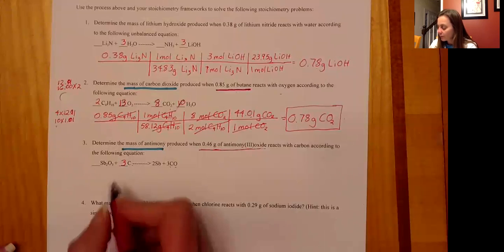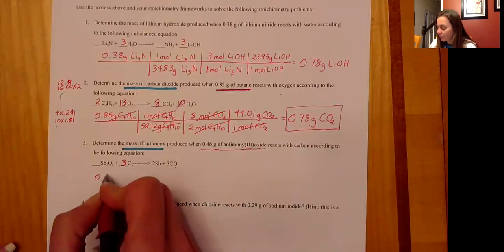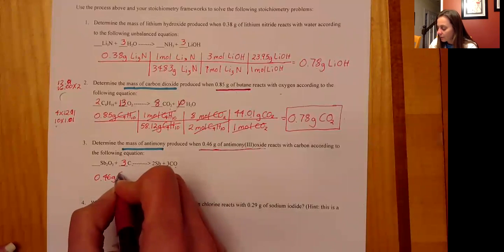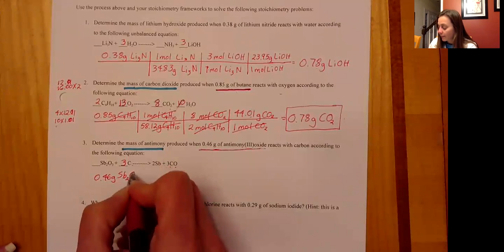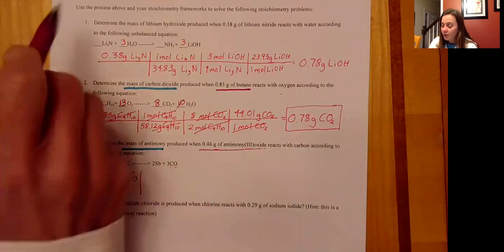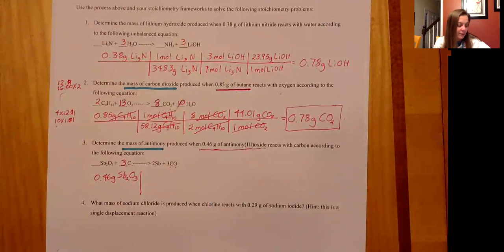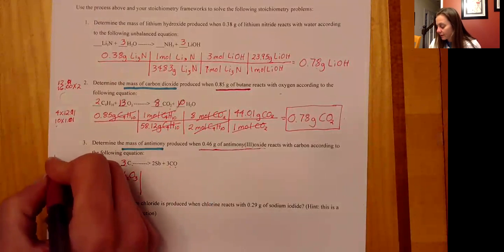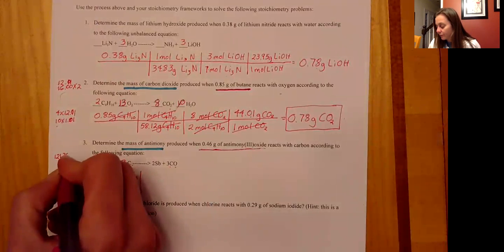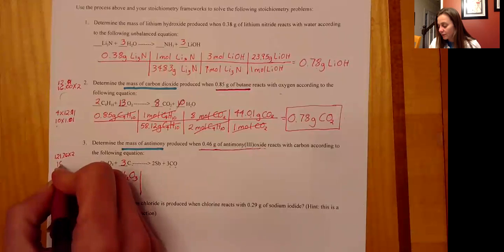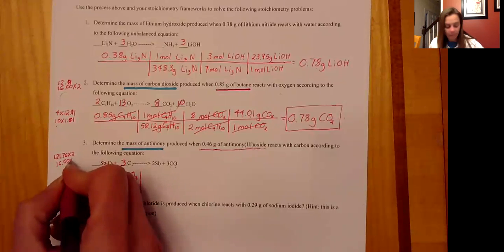I'm going to start with what's given. So that's the 0.46 grams of antimony(III) oxide. And I'm going to change the given into moles. So I'm going to look up the mass of antimony, which is 121.76. But I have 2 of them, plus 3 times the mass of oxygen, which is 16.00.